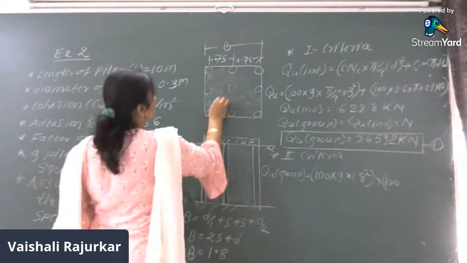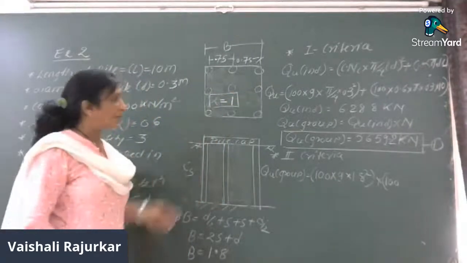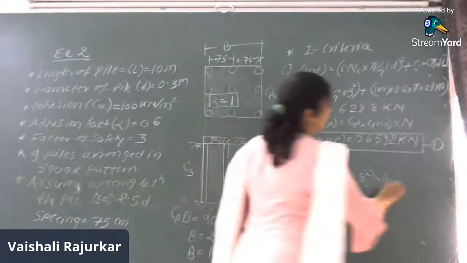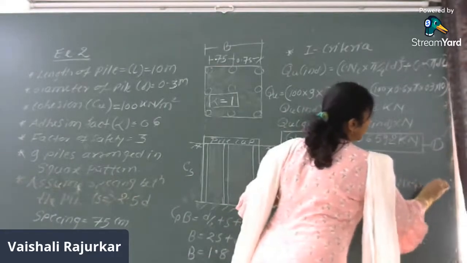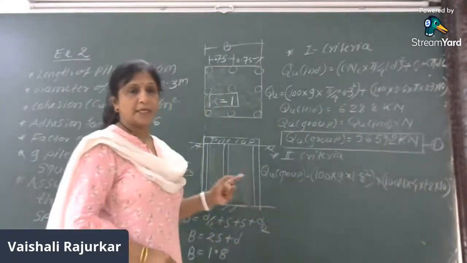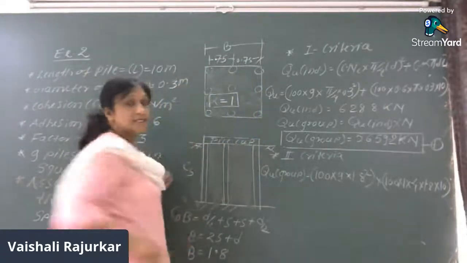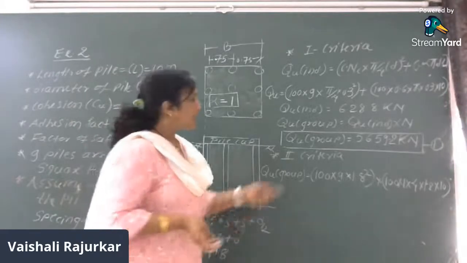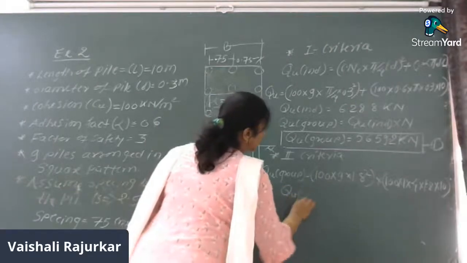Alpha, the adhesion factor, is taken as 1. Therefore it will be 100 into 1 into 4 into 1.8 into 10, that is 4B into L. 4B means the perimeter of the square, which is 4BL, right?